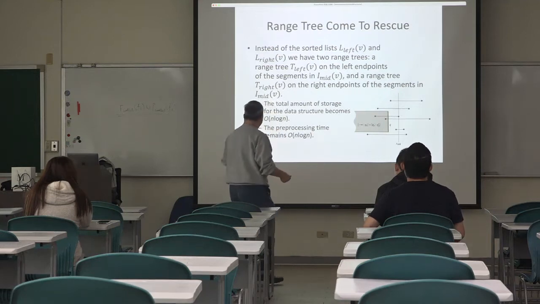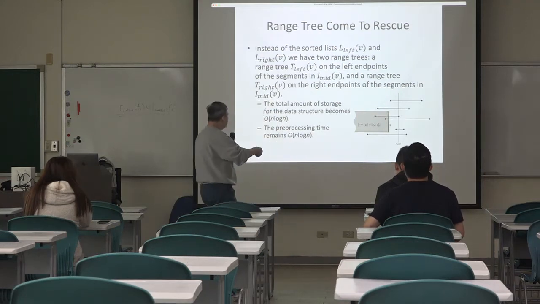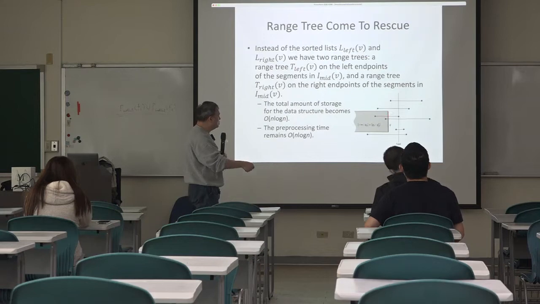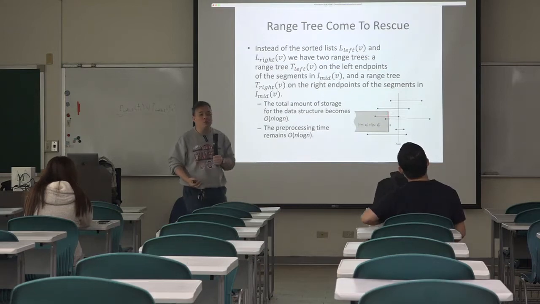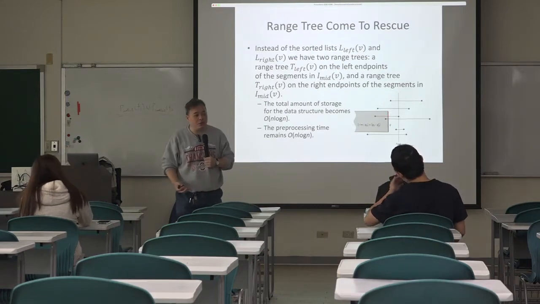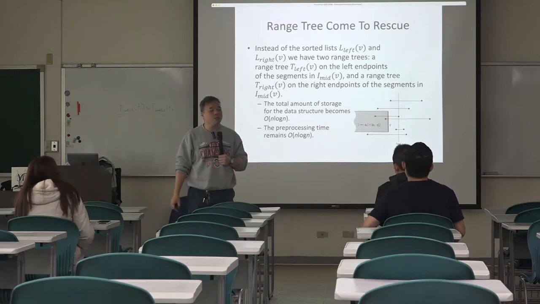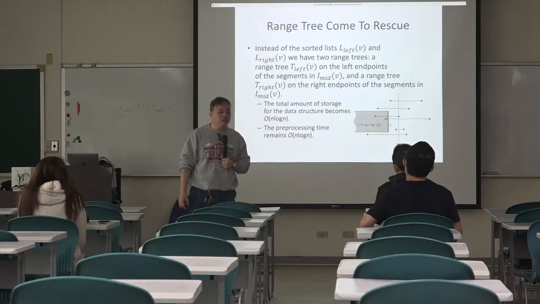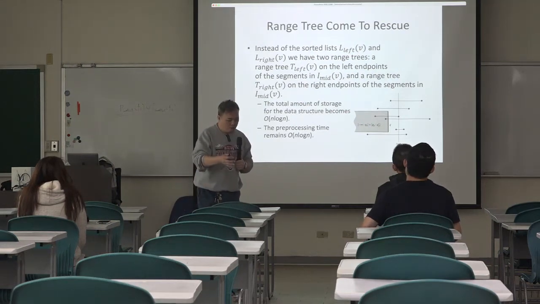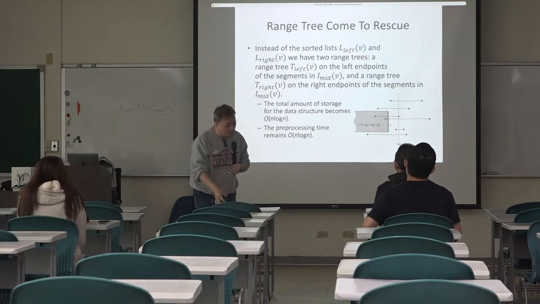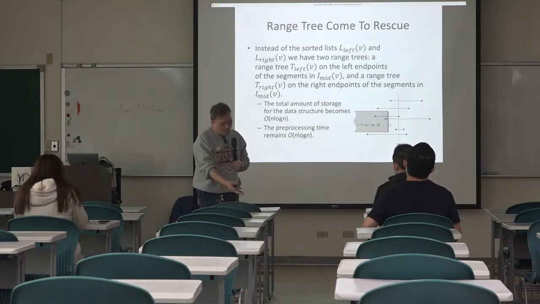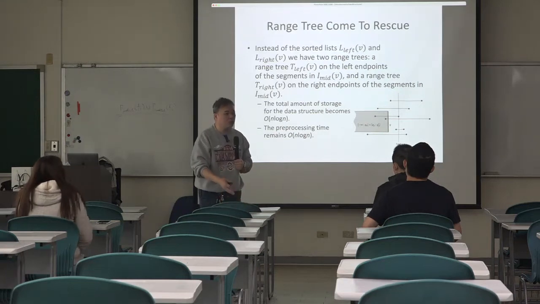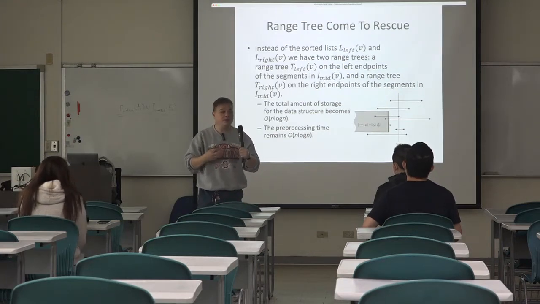If you do that, then we are able to deal with the original problem, the window query. So the solution actually requires a combination of range tree and interval tree. We require both of these data structures to work together to solve the problem.